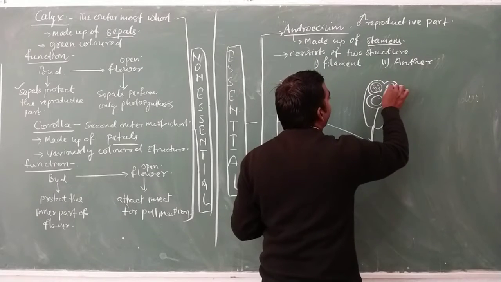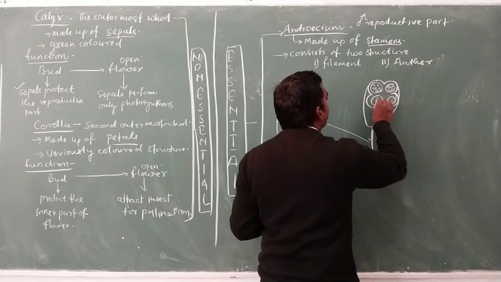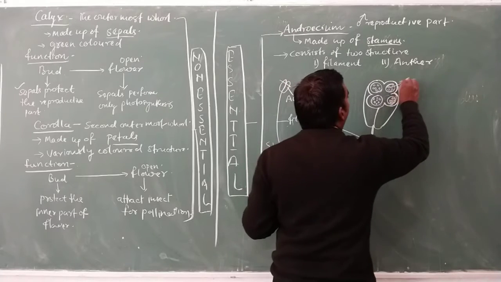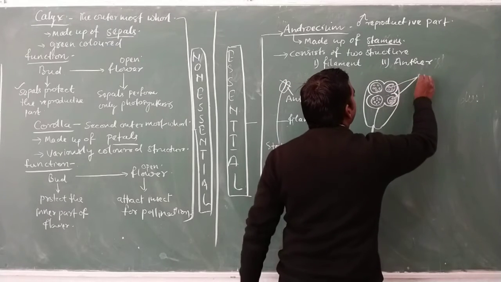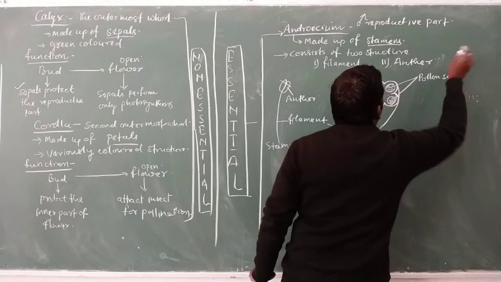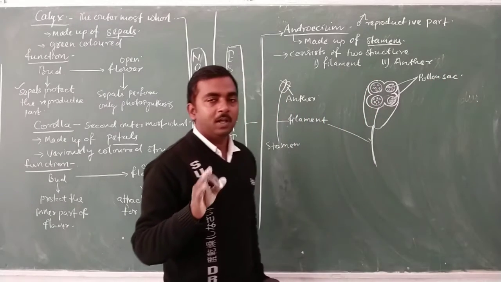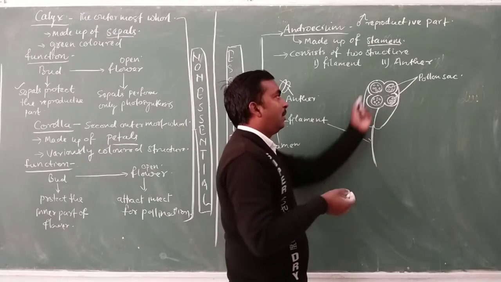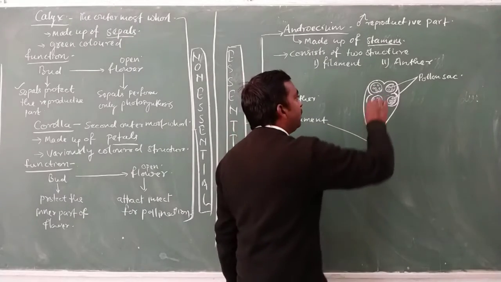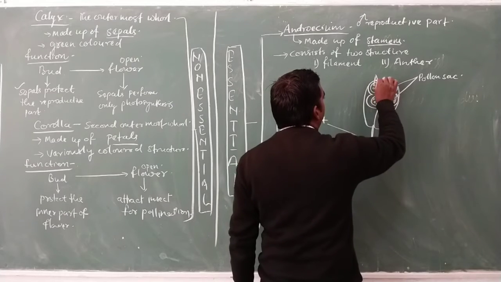Generally the anther consists of 4 chambers, and the chamber or sac is known as pollen sac. And inside this chamber or sac, a number of small tiny spherical structures are known as pollen grains.